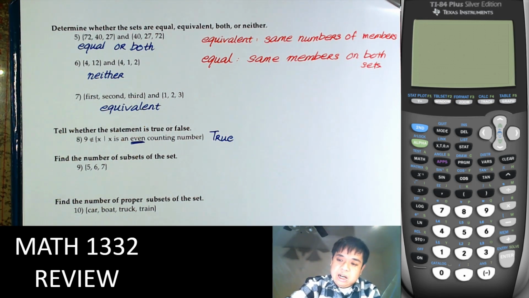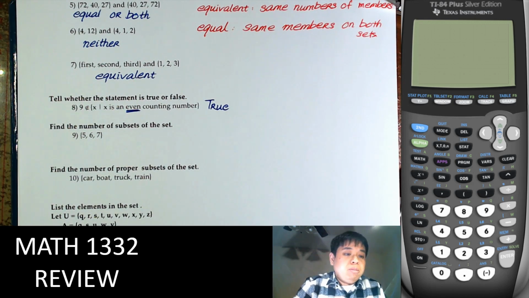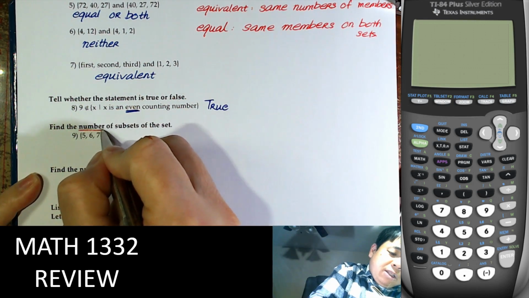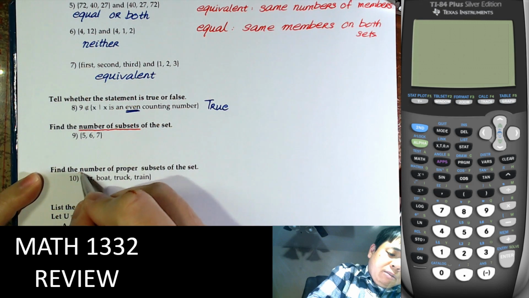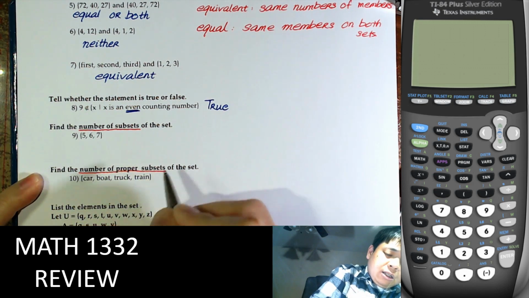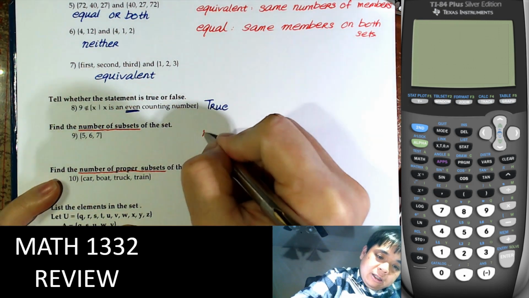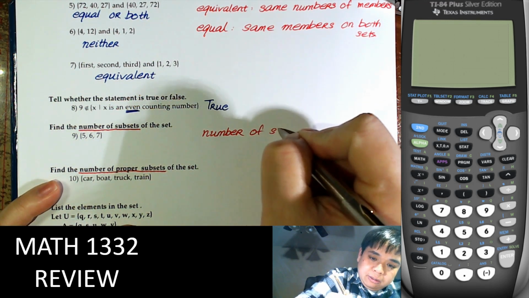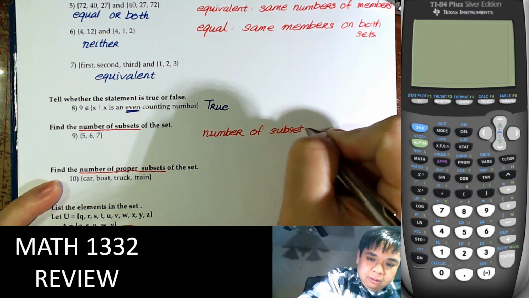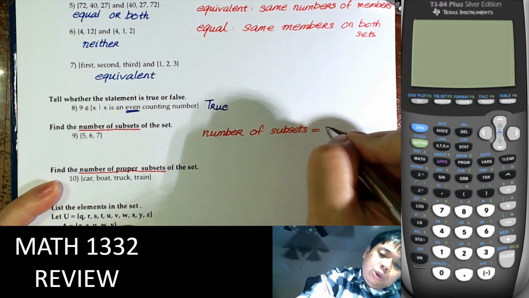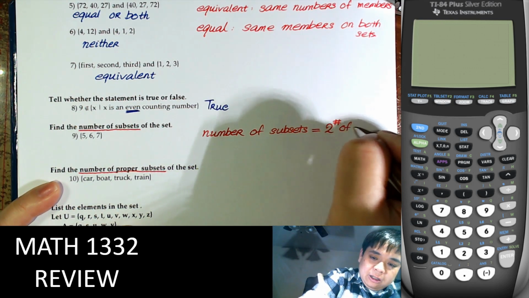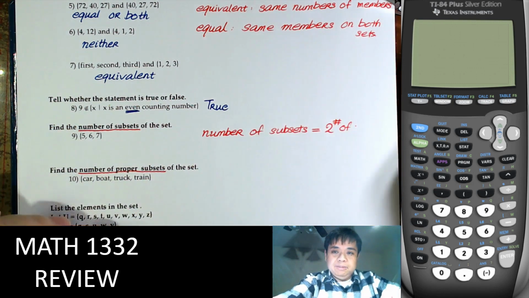Right. 9 and 10 we now do together. Find the number of subsets of the set and the number of proper subsets of the set. So the number of subsets is equal to 2 to the power of the number of members.